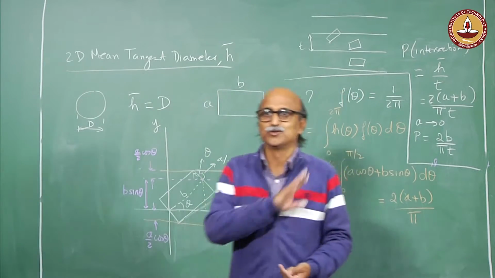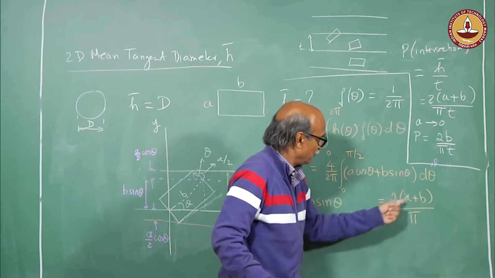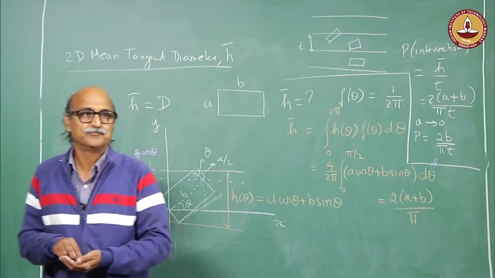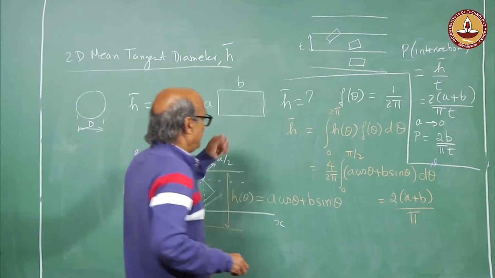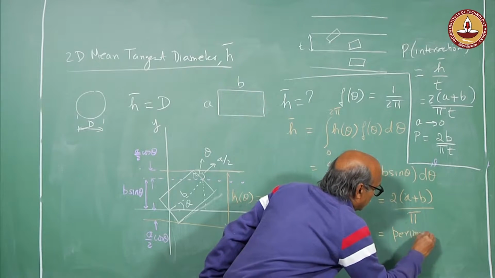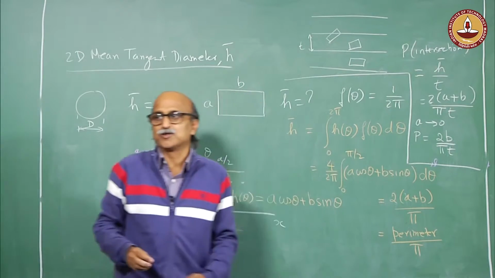Another important thing to look at in this result: what is 2 times a plus b? It is the perimeter of the rectangle. So, this is perimeter upon pi.